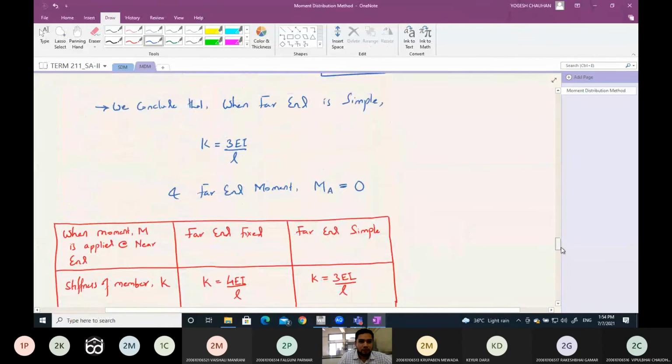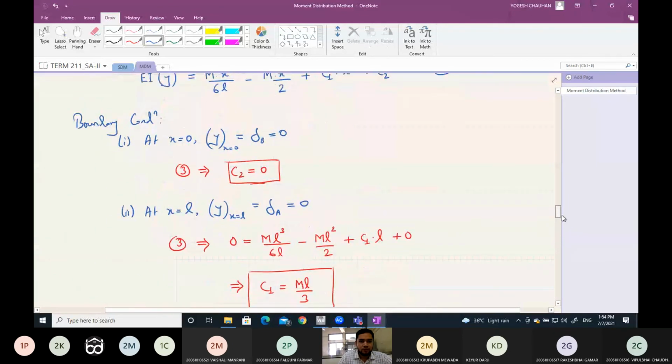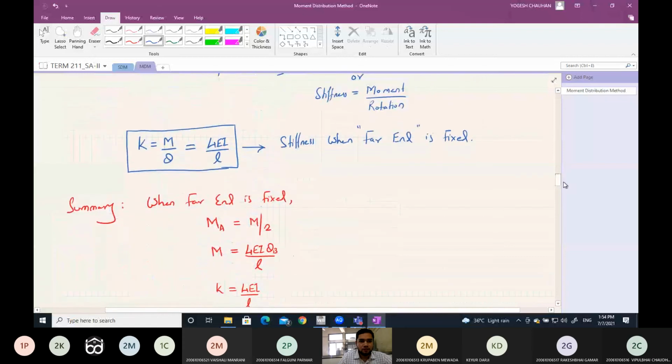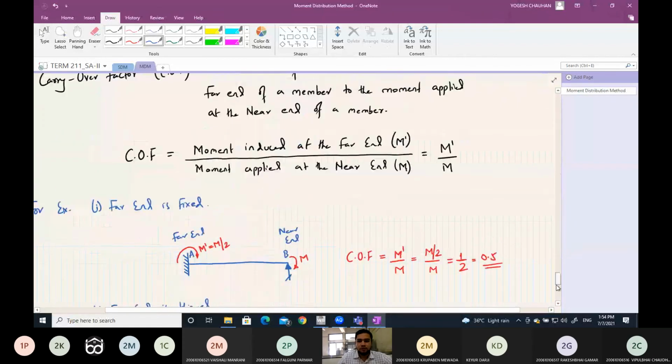In the previous class we have discussed this derivation. See, this is when the far end is fixed.